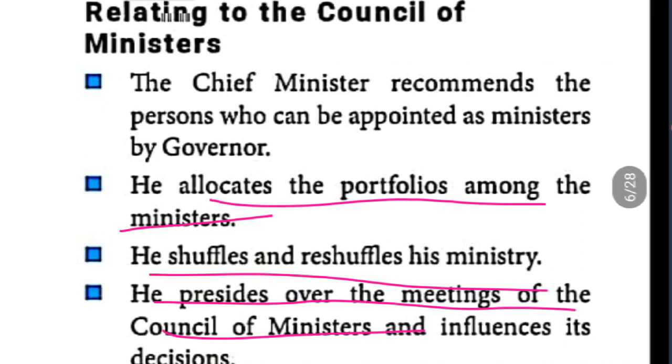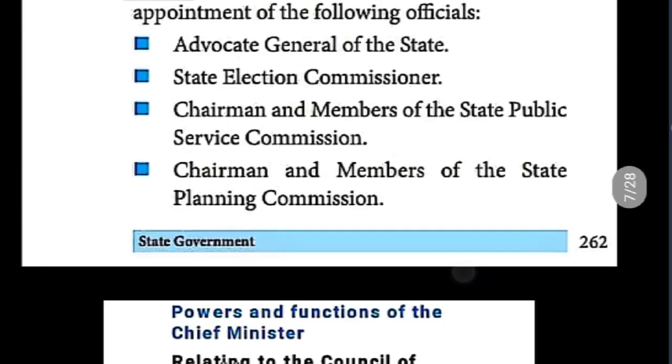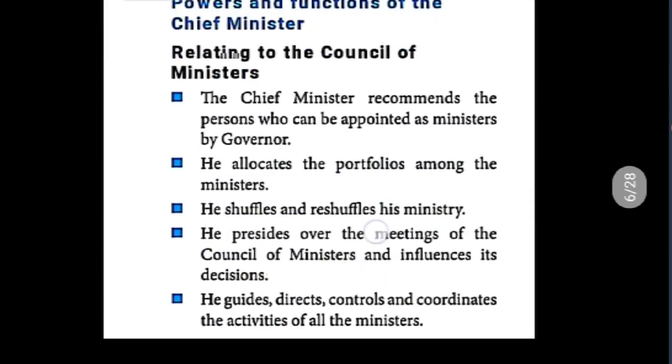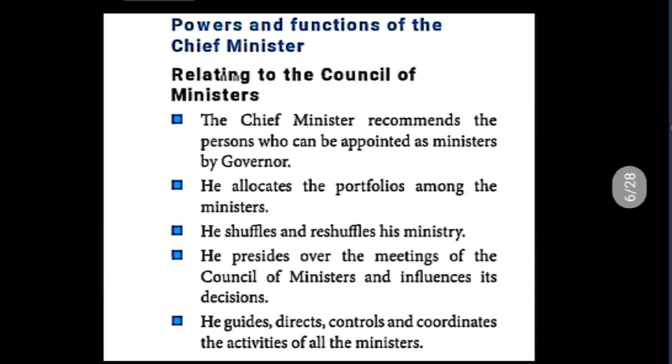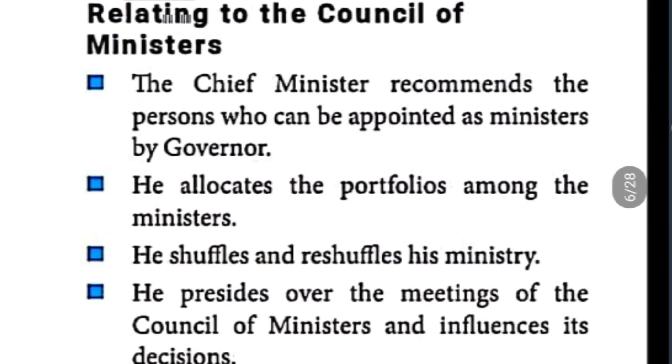He can give guidelines and direct the ministers, and controls and coordinates the activities of all the ministers. Five points are there, children. The chief minister recommends the persons who can be appointed as ministers by the governor.